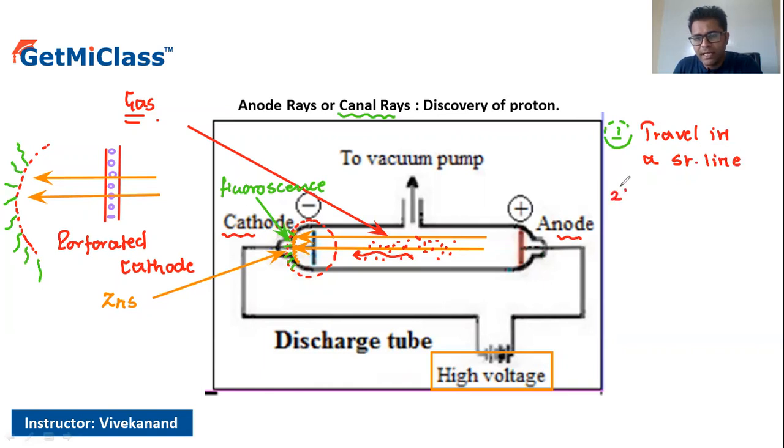The second point is that if we keep photographic plates in this region, all these photographic plates are affected by these rays. So it has a tendency to affect photographic plates.